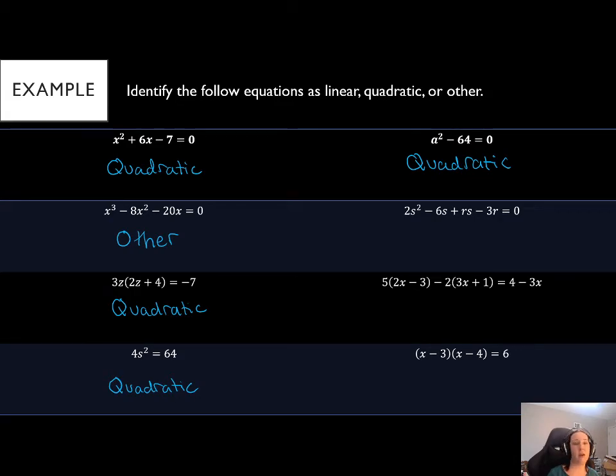Now, you guys are never really going to solve things like this with more than one variable, but it is still considered quadratic because the highest exponent is 2. And if you look at the rs portions, if you combine those, that would be considered to have an exponent of 2 if they were the same variable. So this is quadratic. It's just a very interesting looking one.